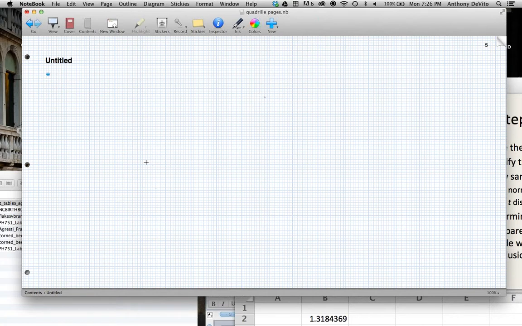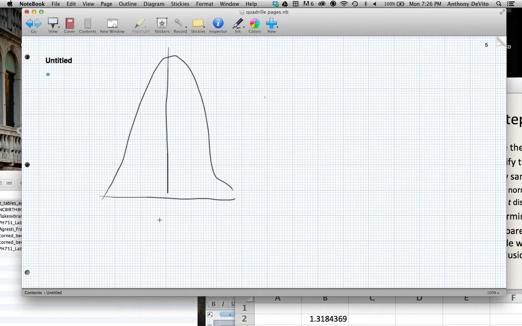Let me do this. Here's our normal distribution. Now this is a mean of 5. And our standard error is, what did I say? A standard error is equal to 0.82, something like that.